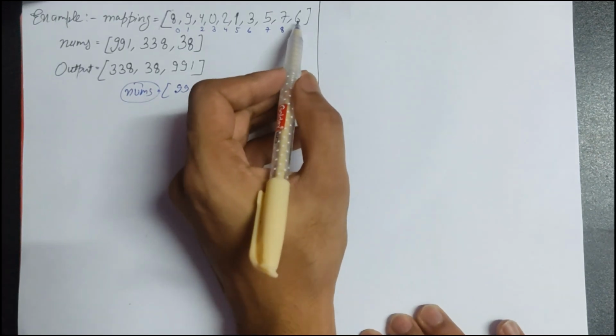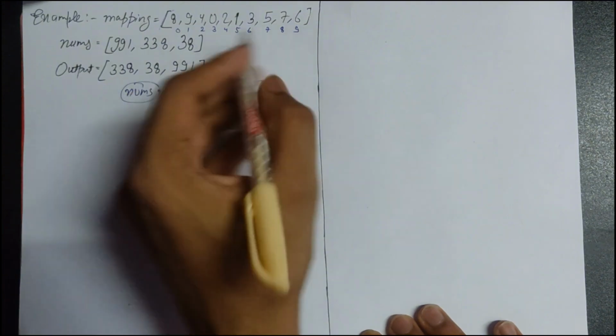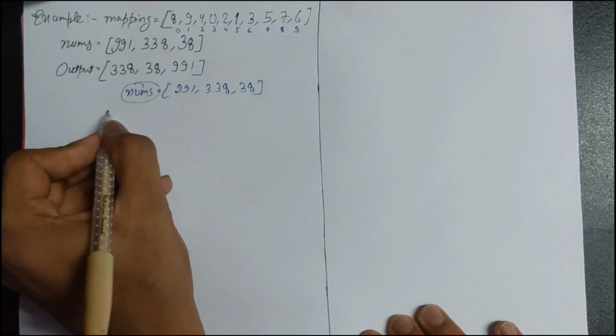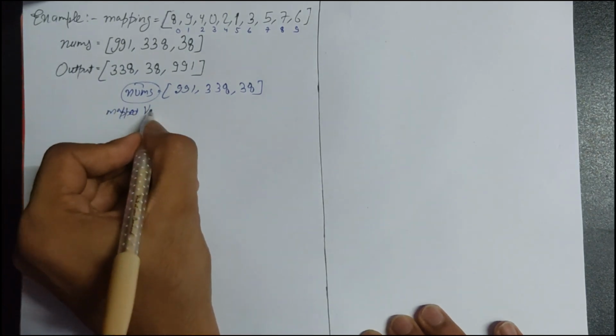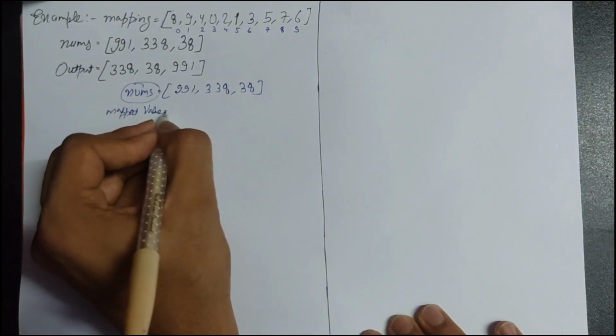So the value 6 is at the index 9, so we will replace this 9 by 6. So what will our mapped array be? We can name it the mapped value, or we will name the mapped value as the vector of pairs.